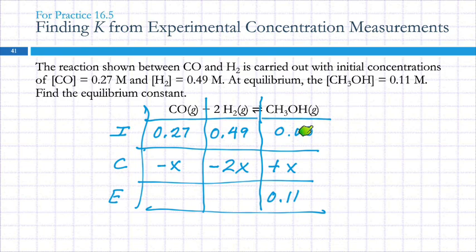So now we know that 0 plus X is equal to 0.11, which tells me that X equals 0.11. So over here then, this is 0.27 minus 0.11, which will be 0.16.